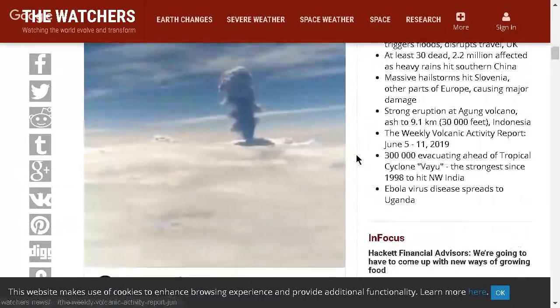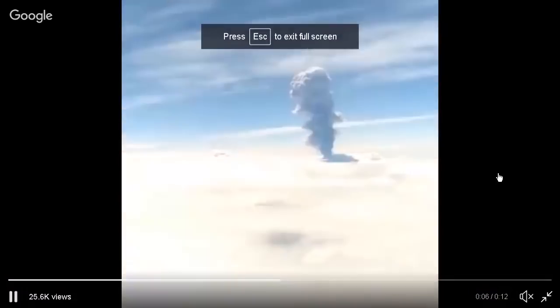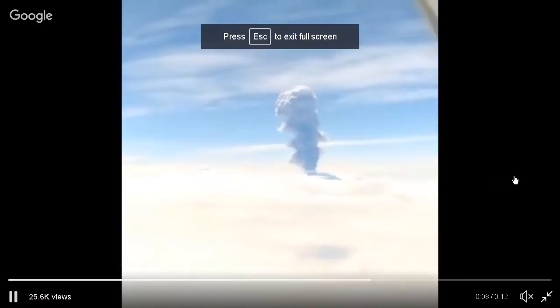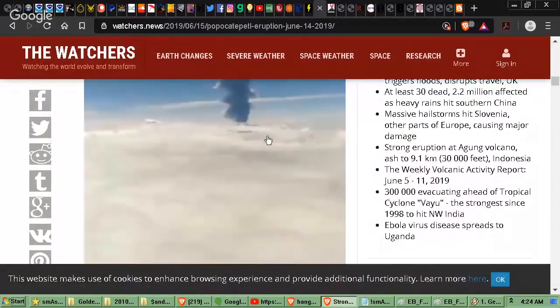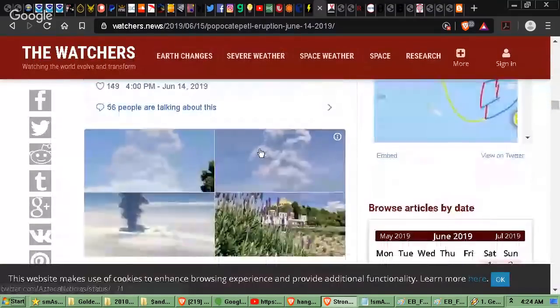Cut the sound on that. Dude, that is serious. Looks like footage from a plane. I'm not sure how far away it is. Looks like they're flying at about 15,000 feet, because that's that 32,000-foot plume from Popocatépetl, located in central Mexico.